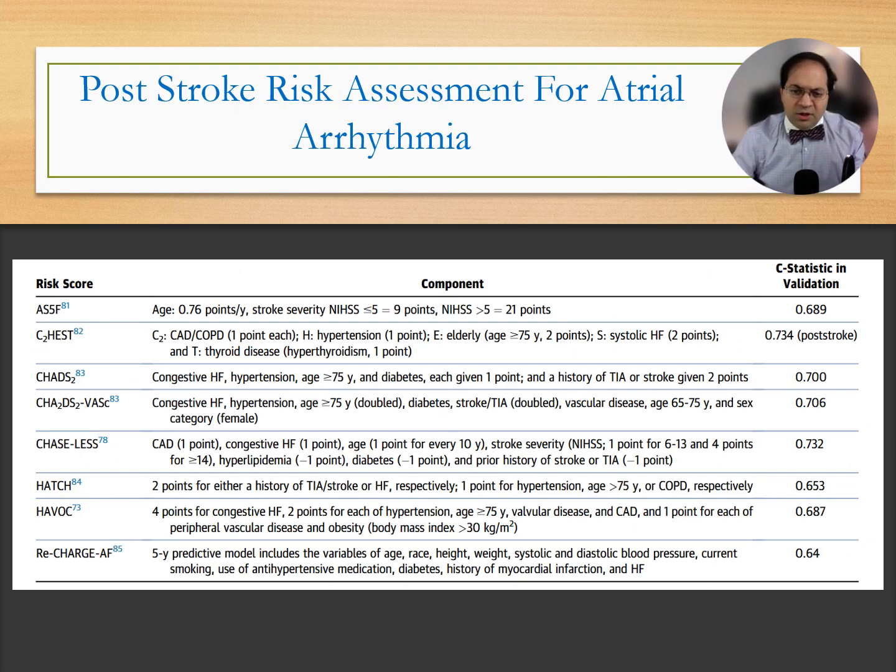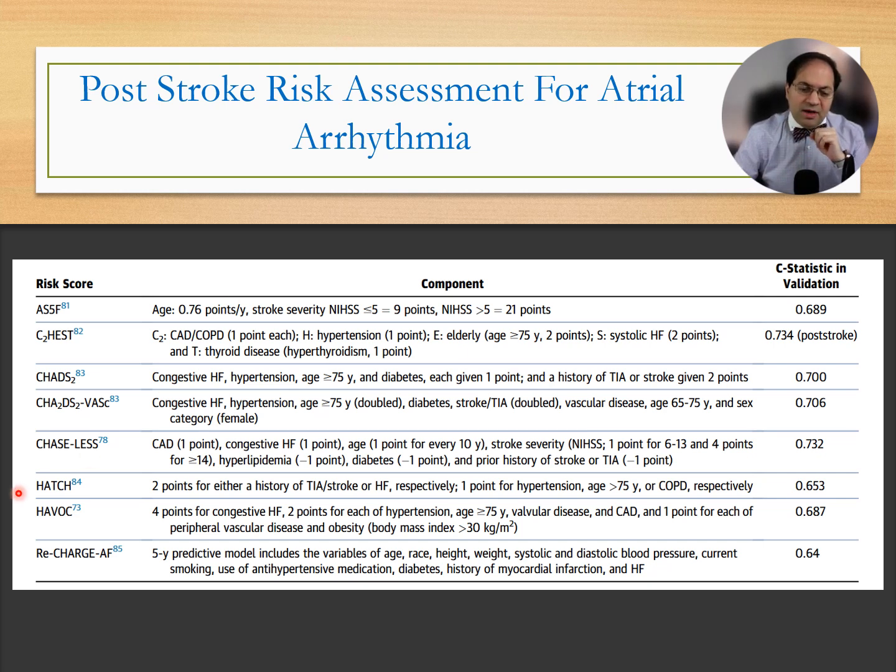Right, and finally, we're going to talk about risk assessment for atrial arrhythmia post-stroke. As you know, atrial fibrillation has been noted in 30% of patients with cardioembolic stroke, and in 12% of patients with large or small vessel stroke. Different scoring systems were developed to identify who is more prone to get atrial fibrillation post-stroke, and to predict that you have atrial fibrillation as a cause of stroke as well.